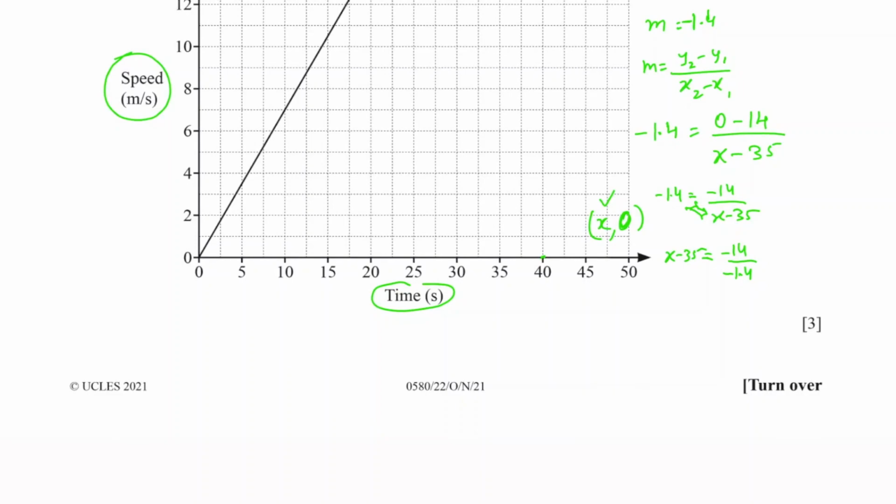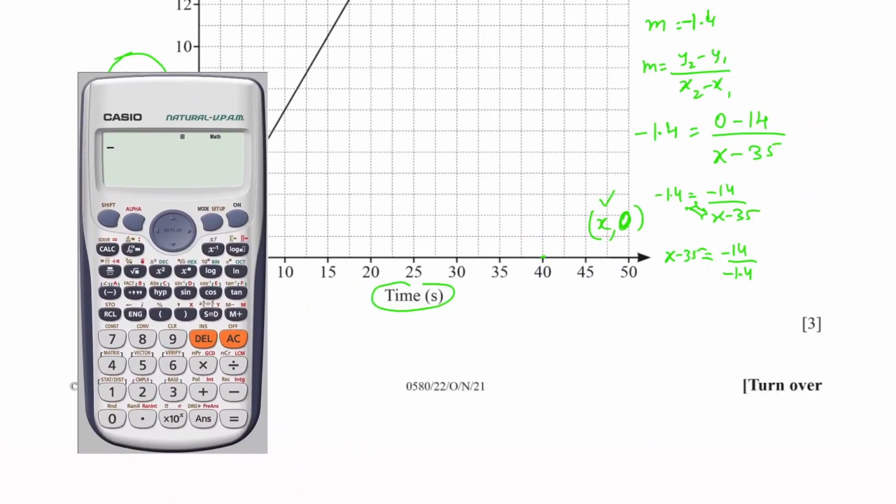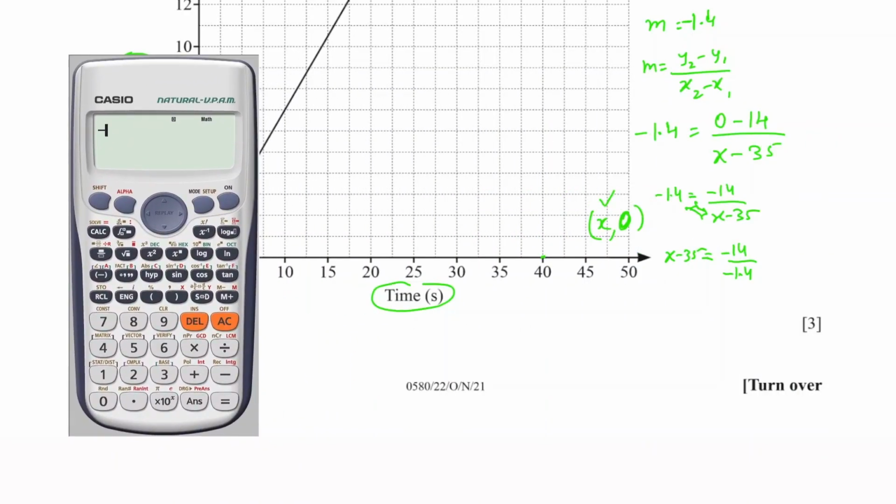Let us divide this using a calculator. Minus 14 divided by minus 1.4, negative and negative cancel, will give you the answer 10.